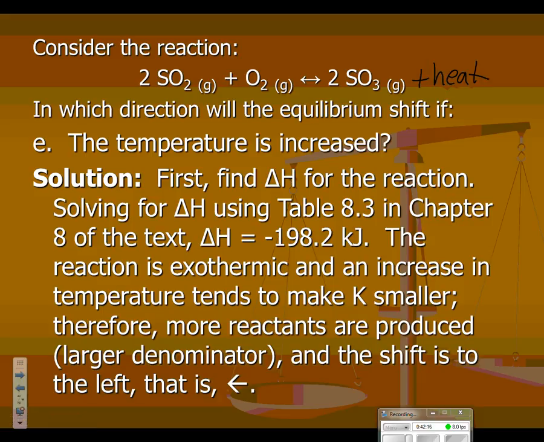So if I am increasing the heat, I'm putting heat in, which way is the reaction going to go? Should have shifted to the left, away from it. So whatever side I put it in, it shifts away from that side to the other side. Whatever side I take it out of, it shifts towards that side.